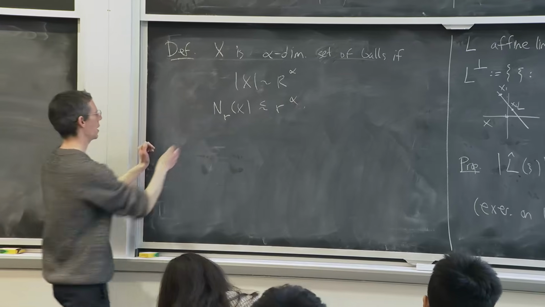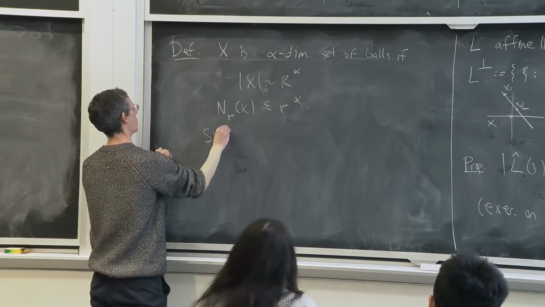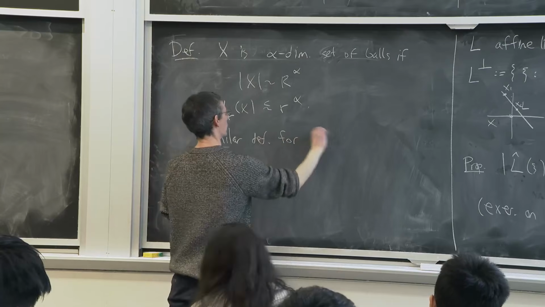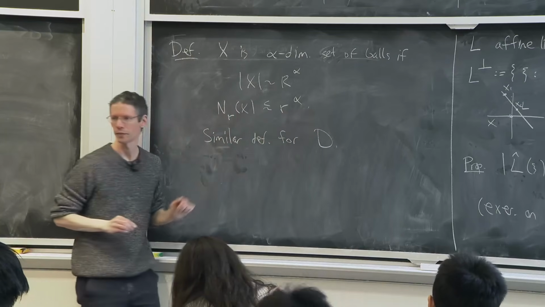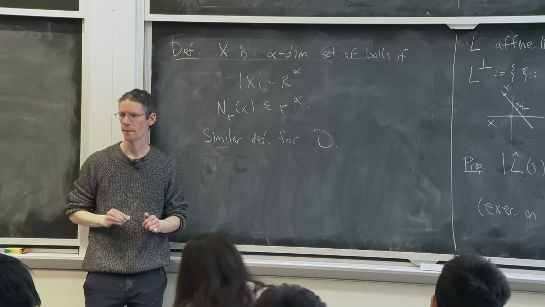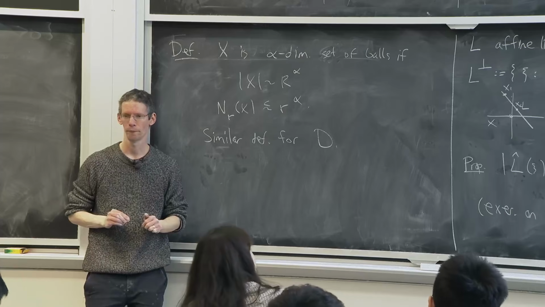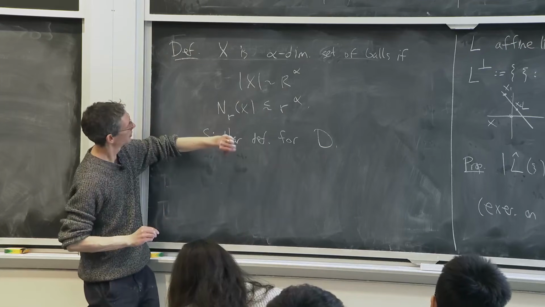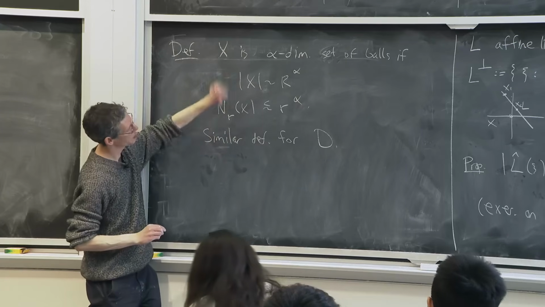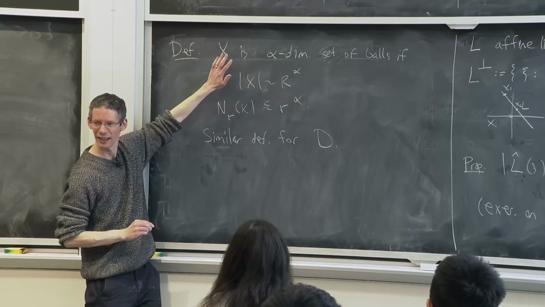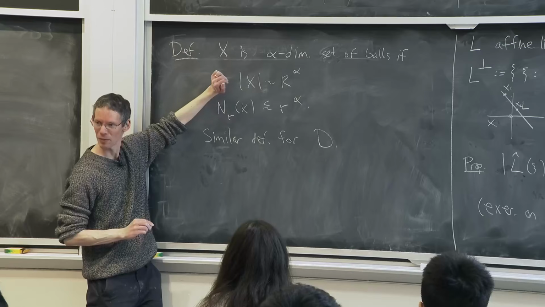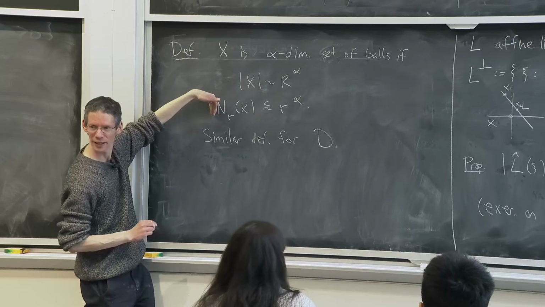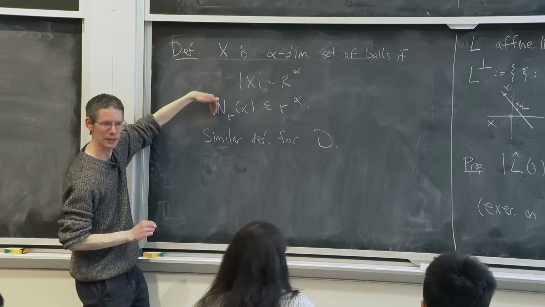OK. And then you can make a similar definition for d. Maybe people might feel it's not so clear why to focus on this particular set of conditions. We can talk about it.